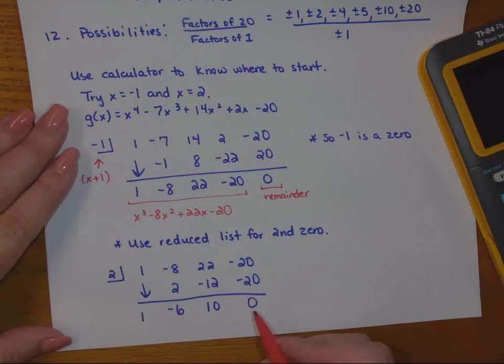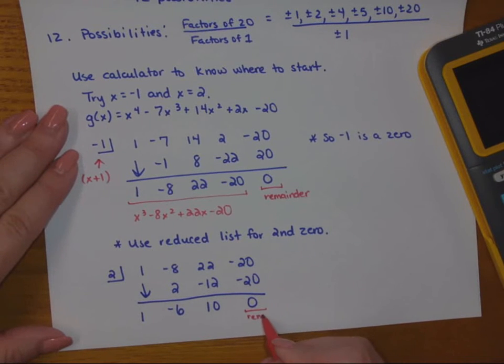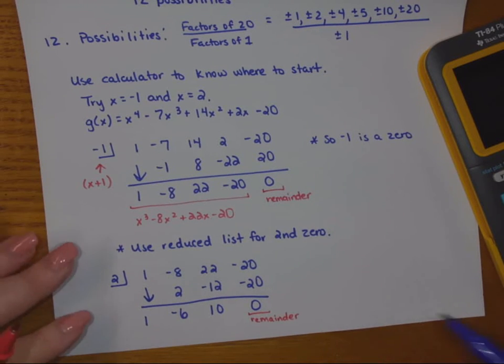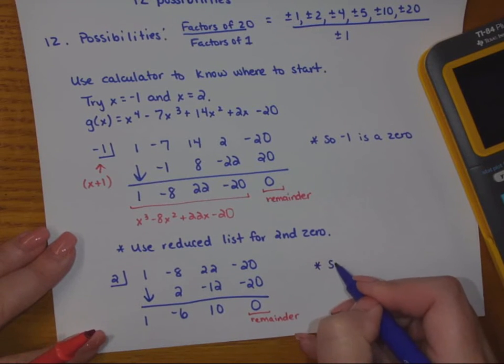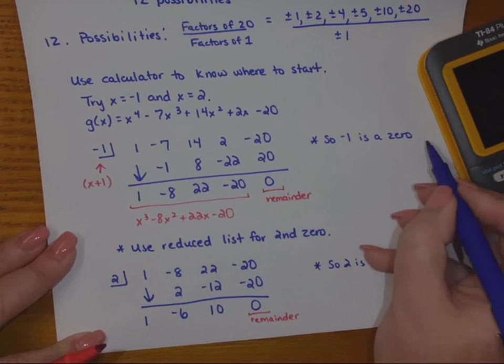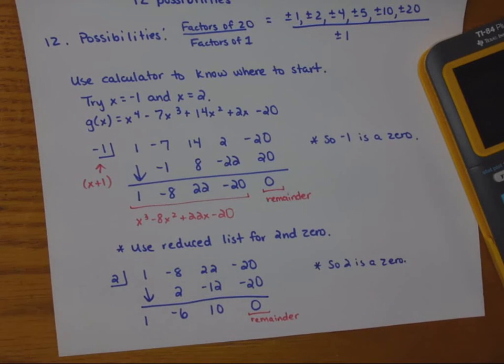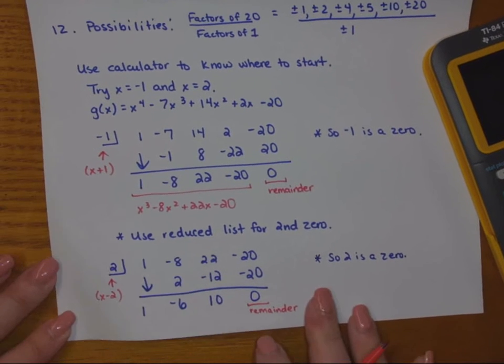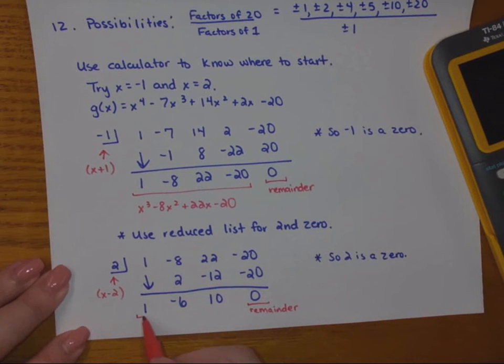Okay, so just like before, right, this is my remainder. So that means 2 is a 0. Also remember that that means that x minus 2 is actually the parentheses that will factor into. But then notice what we have.